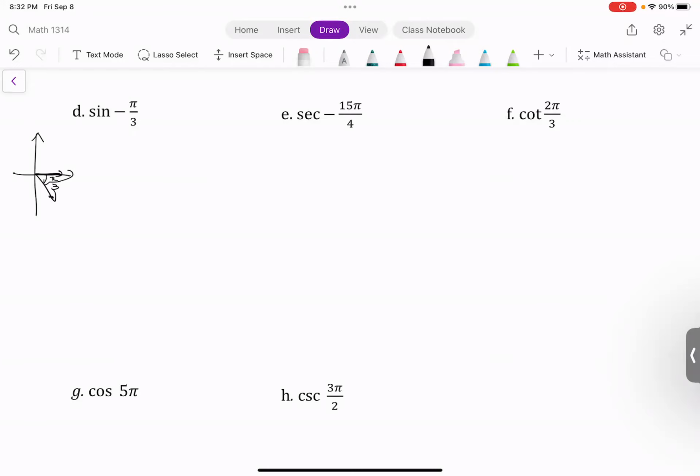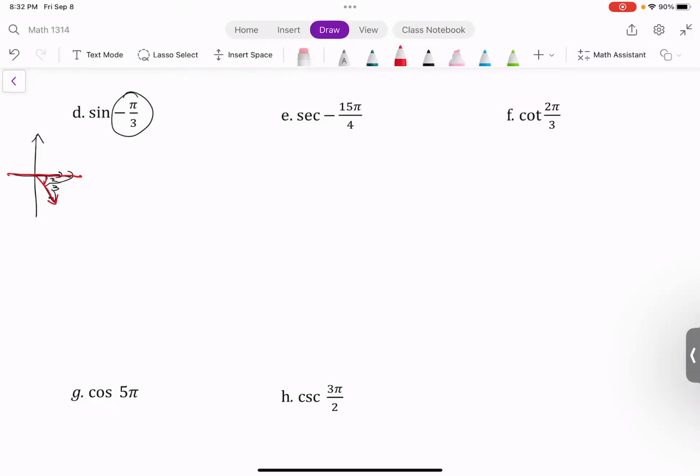Tell me, what is the coterminal angle of negative pi over 3? Coterminal angle here means the acute angle formed by the x-axis and this terminal side. This is pi over 3.